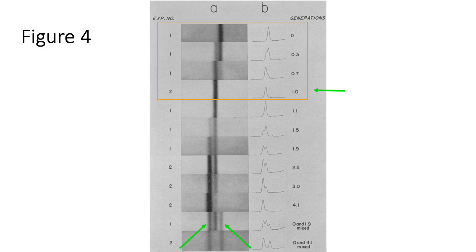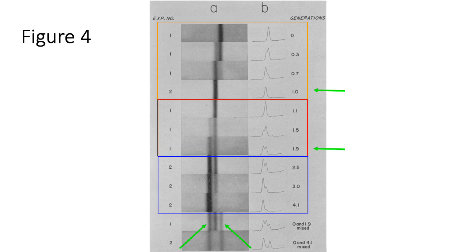So this is showing this, I'm just going to point this out. This is all one round of DNA replication. This is a second round of DNA replication. And that is a third round of DNA replication. And so what we're looking at here is the bottom row in each of these three boxes. The bottom row in the top box is a semi-conservative hybrid.